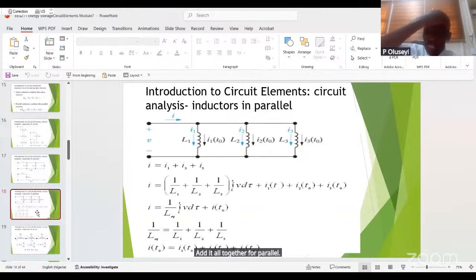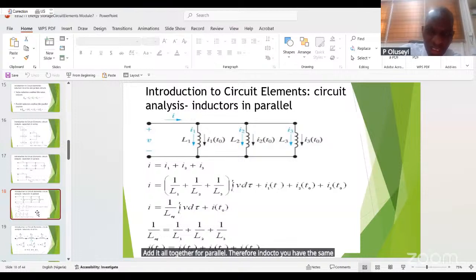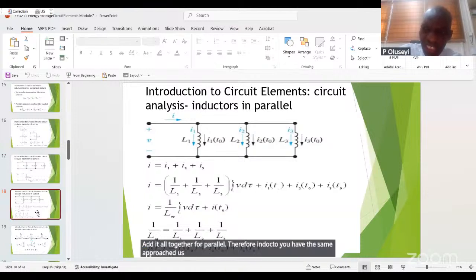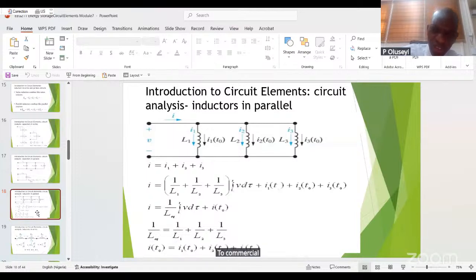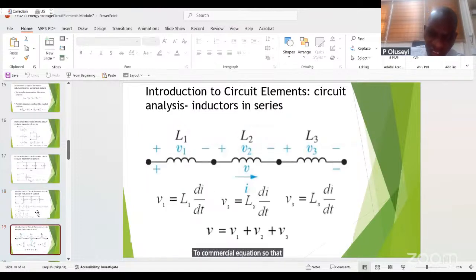Then for the inductor, you have the same approach as well, because it is the current that is flowing here. You have to use current to commence your equation so that you don't miss out anything. So the same thing with the series connected inductor.